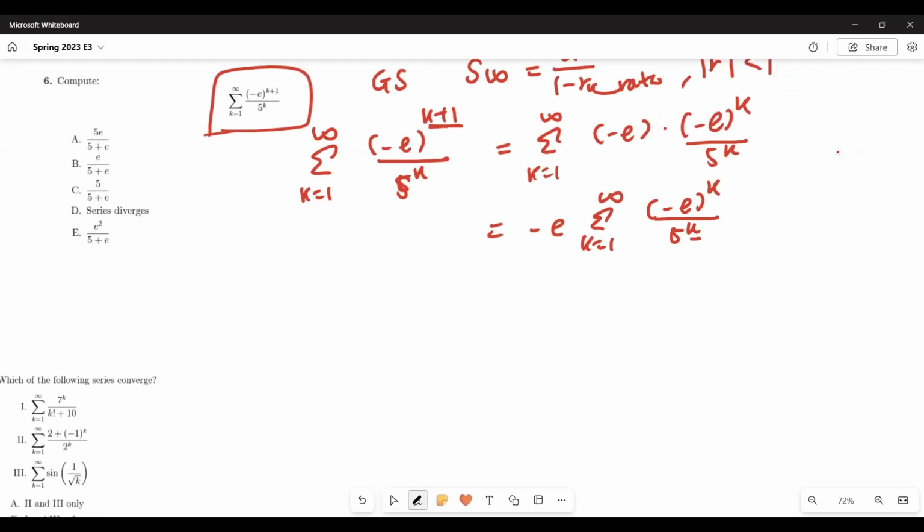Since they both have k as the power, you can group them. So this is negative e times the sum from k equals 1 to infinity of negative e over 5, to the k.